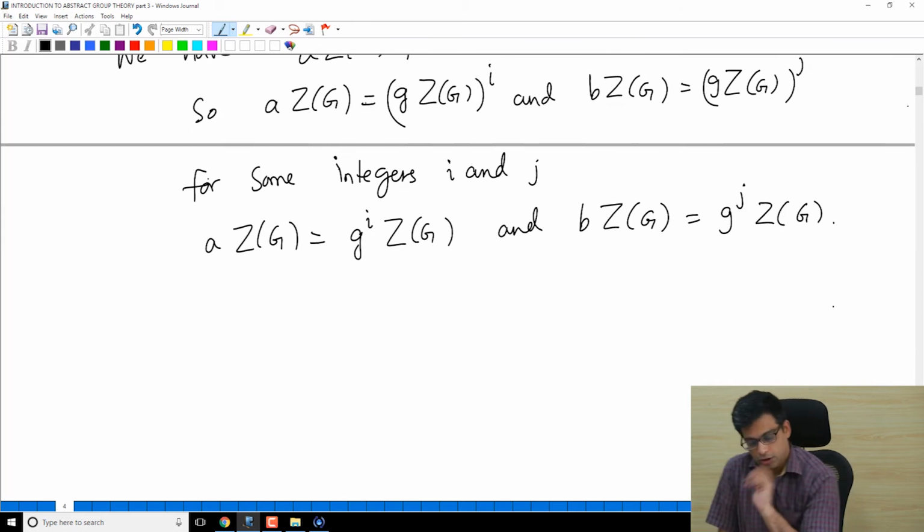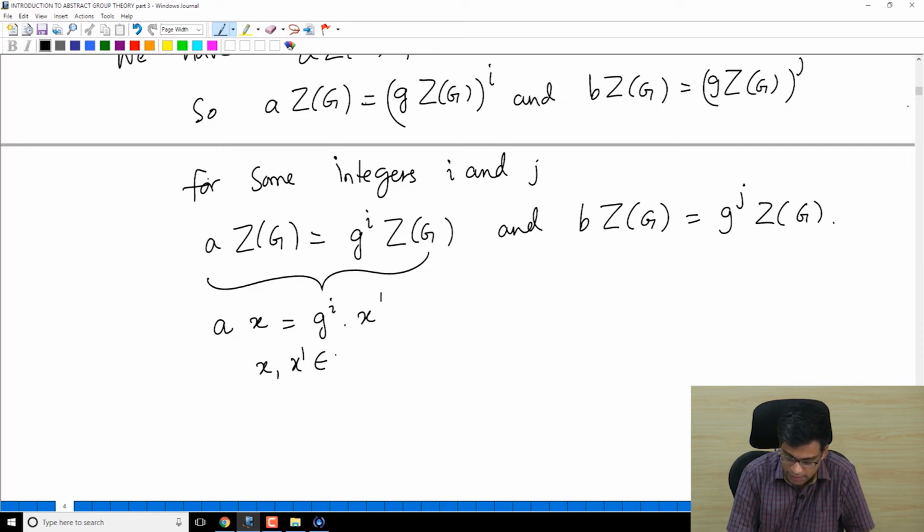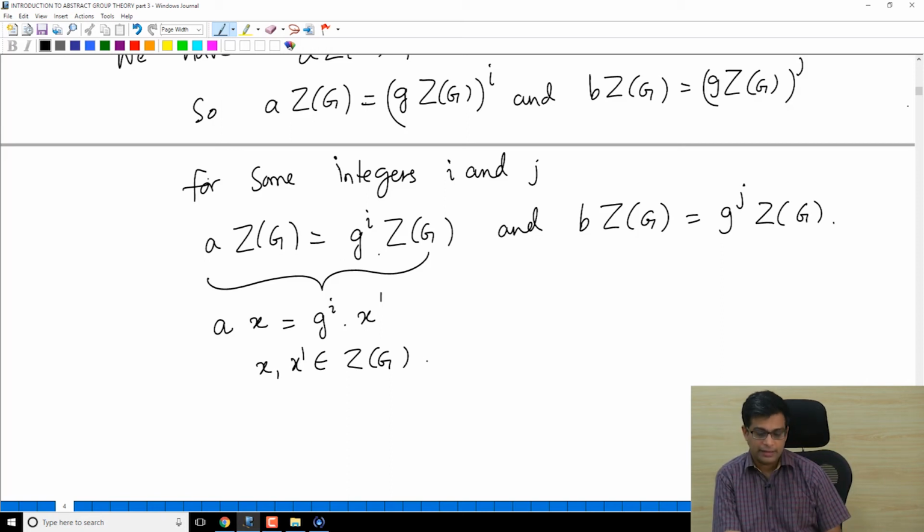But now let's pull this relation back to the group G. So what does this mean? That means A times something, let's say x in the center, is equal to g power i times something, where x and x prime are in the center. Because as cosets are equal, that means A times an element of this is equal to an element of this.